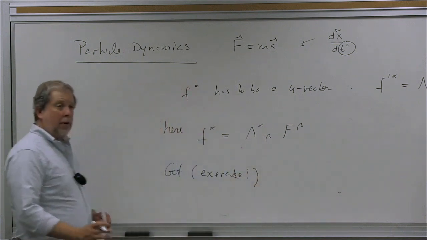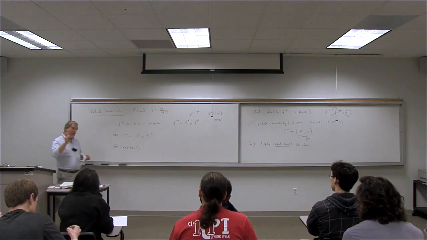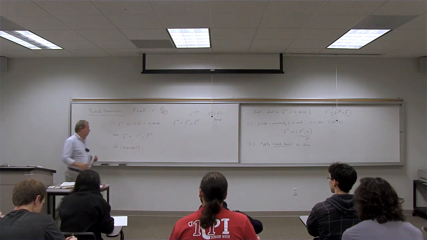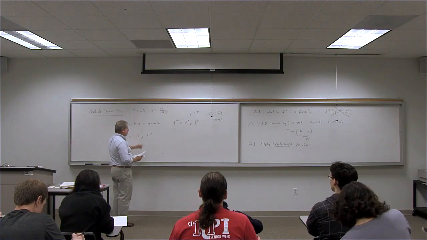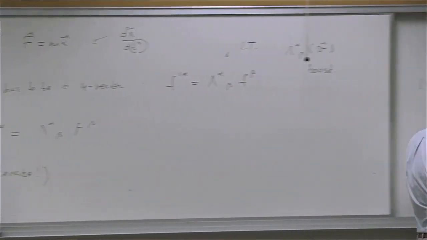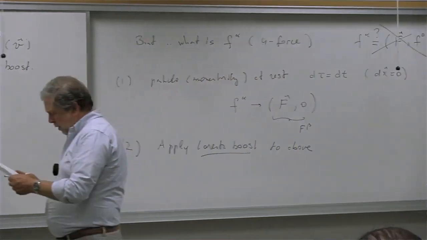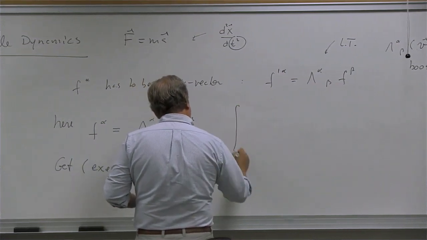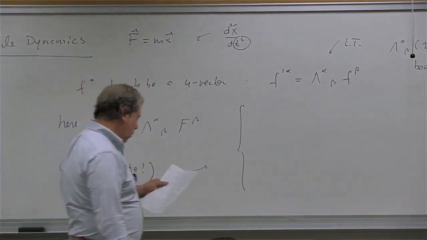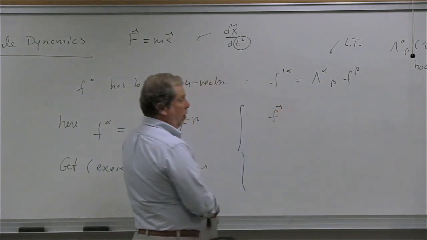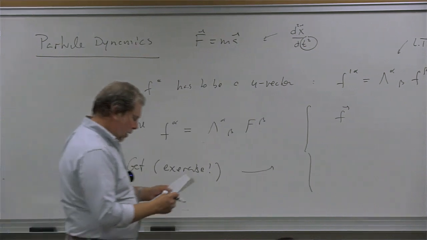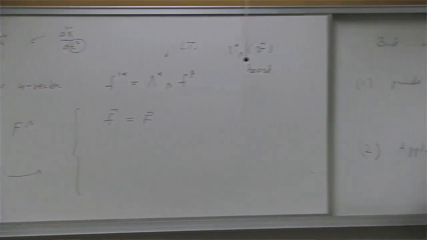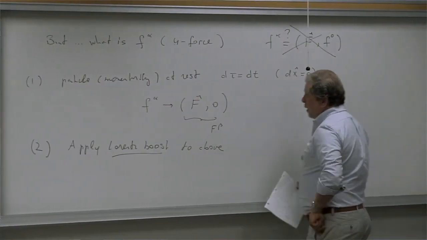So remember, the Lorentz transformation was fairly simple: lambda ij is equal to delta ij plus v i v j times gamma minus 1 over v squared. We wrote that down. So all you need to do is do this by components, taking into account that f naught in this case is 0. And you get that the spatial component, little f, is equal to the original force, which is this one here, the force for a particle at rest, plus the Lorentz boost part.